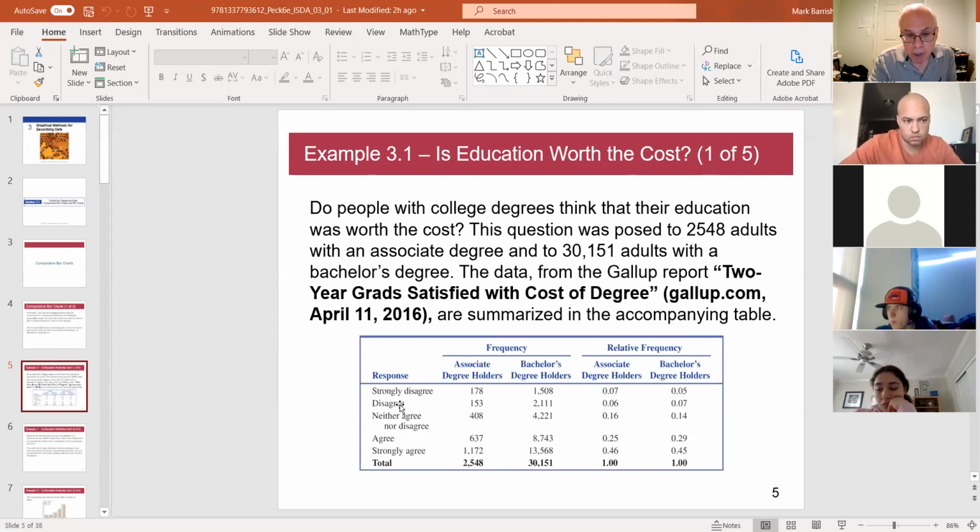Disagree, maybe not as strong, but they still disagree with that statement. Neither agree nor disagree means people are kind of neutral. Some people moderately agree with it. And then some people strongly agree with it, saying, yes, it was really worth it. And so there were how many people in the study?